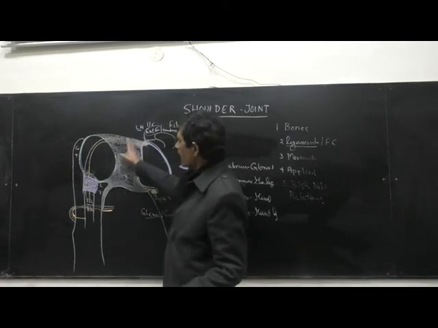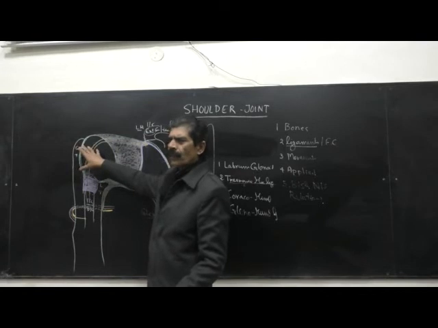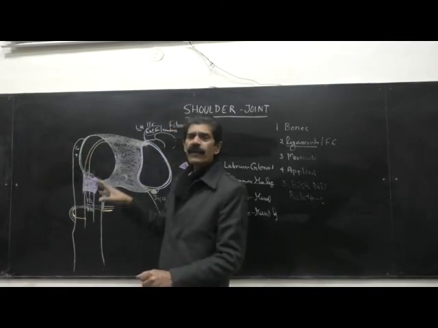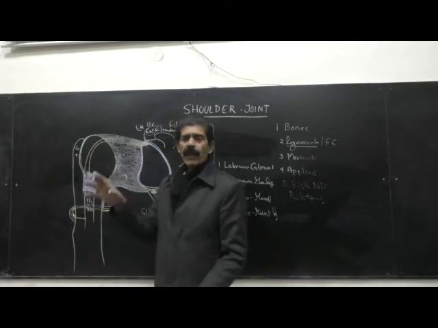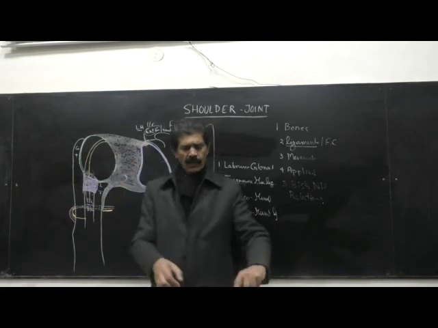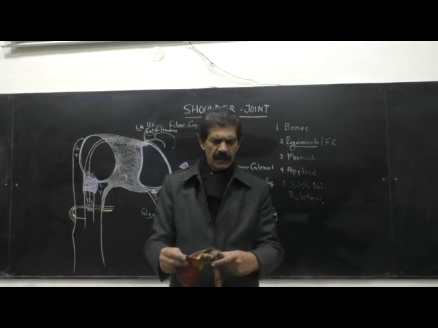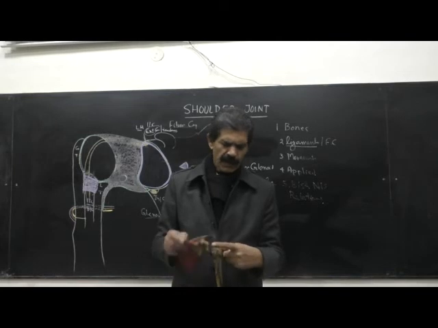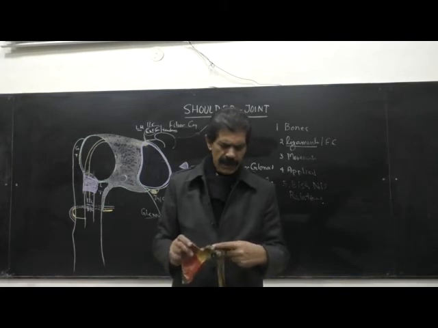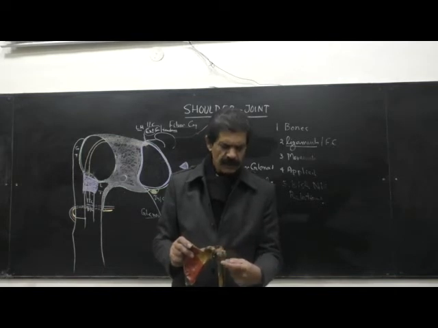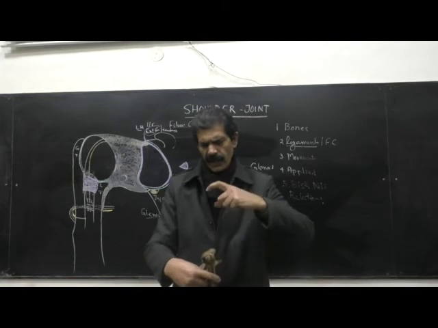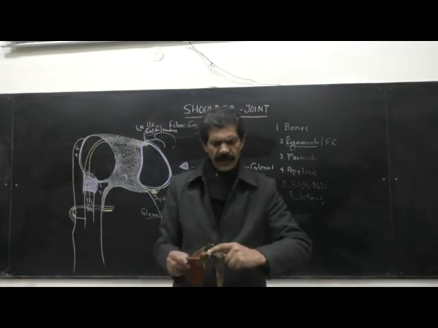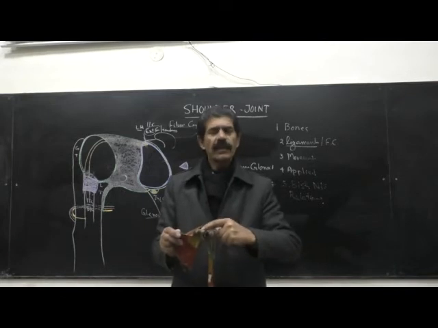So this long head of the bicep also has the function to keep the head of the humerus in touch with the glenoid cavity in all movements. So it tries to prevent dislocation. Because this long head of the bicep, taken from the supraglenoid tubercle, passes above the head of the humerus and then passes in the bicipital groove, in this way the tendon of the bicep keeps the head of the humerus in touch with the glenoid cavity.